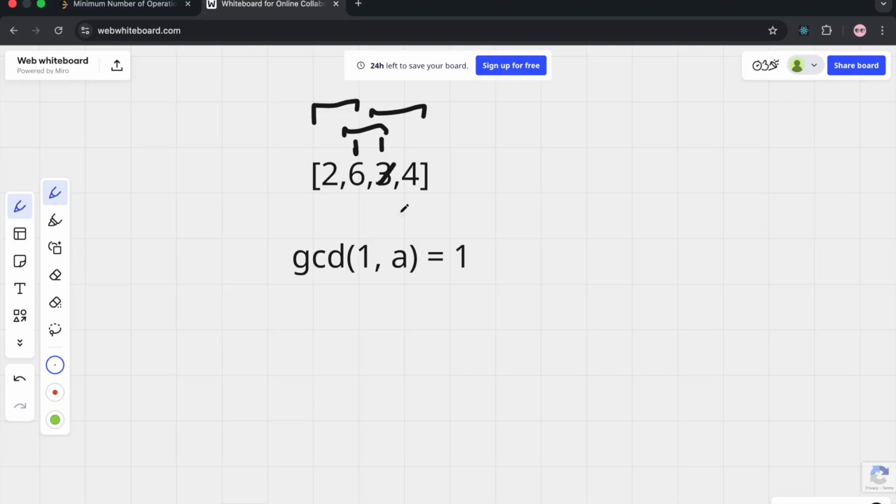So if we get 1 at any position, then we can make the whole array 1. If we are not able to make any 1 in the array, then it is not possible to convert the array into ones.